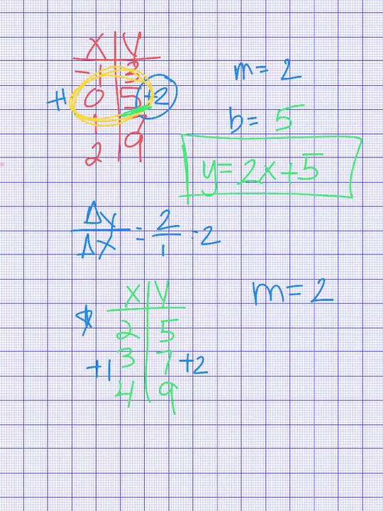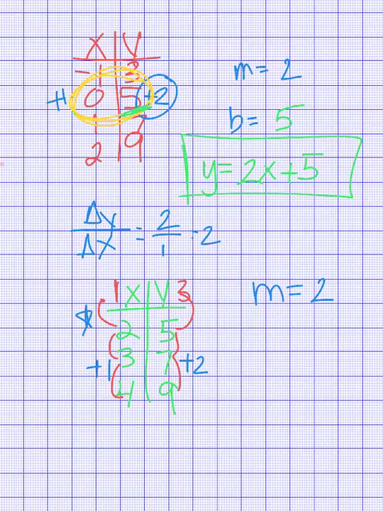In this example, sometimes you could work backwards. Since x is increasing by 1, you could work backwards. From here to here is plus 1, and here to here is plus 1. So to work backwards, I would do the opposite, which is minus 1. So 2 minus 1 is 1. And this side is plus 2, so to work backwards, I subtract 2. So 5 minus 2 is 3.